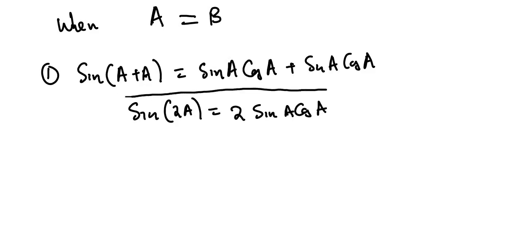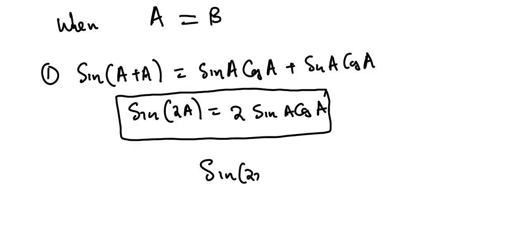So we have something like this. Don't be shocked next time when we say sine of 2x is the same as 2 sine x cos x.